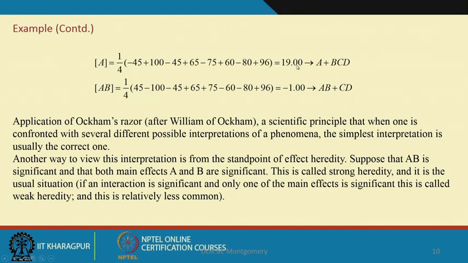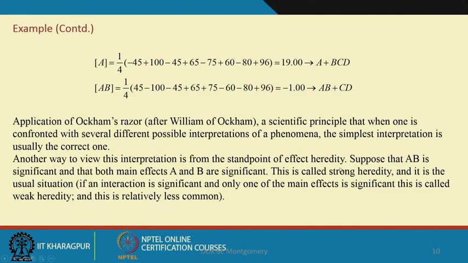A is significant because from the sparsity of effect principle, BCD effect will be much lower than A. In any case, if we find that BCD effect is negligible, then we can take this 19 as the effect value for A. Okay.